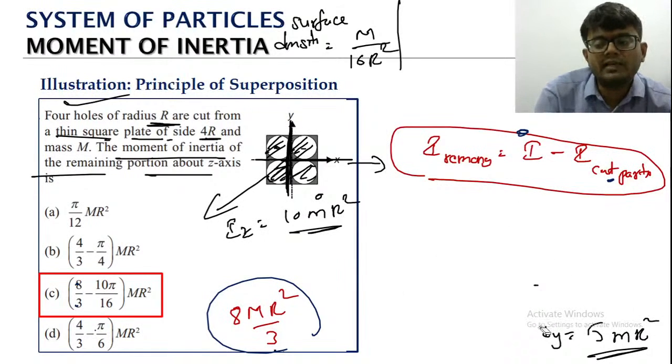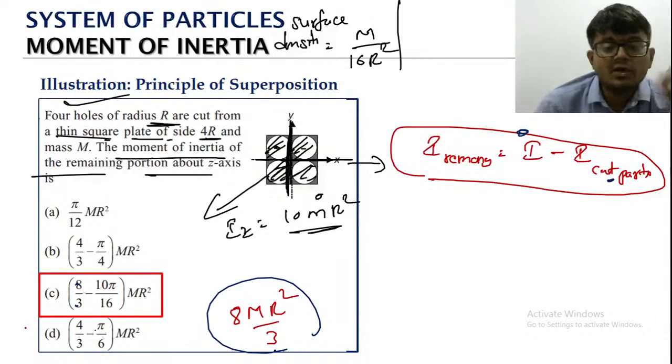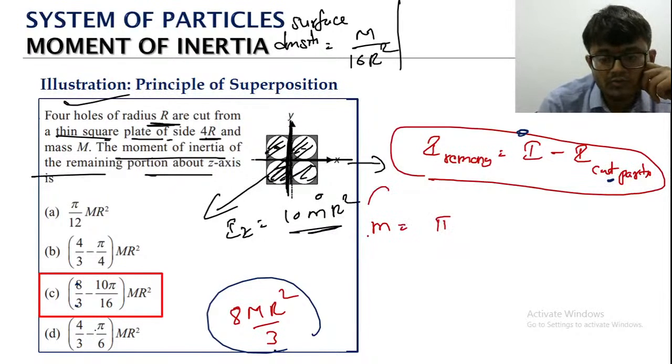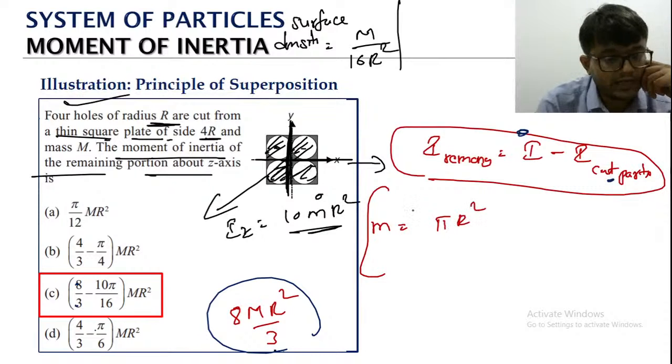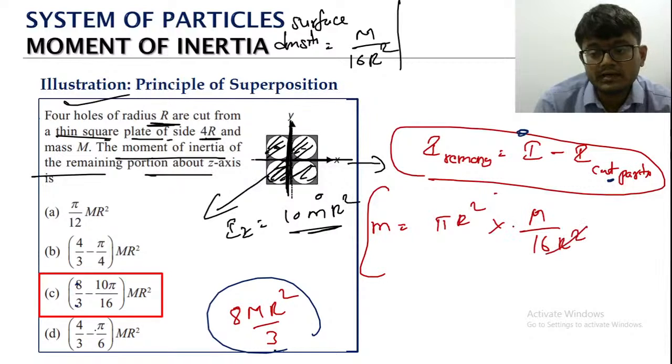Now we will come to the final step. What is the mass of the removed circular disc part? We get the small m value from the surface area times the surface density. Surface area is pi r square for any circular hole, into surface density M by 16 r square.